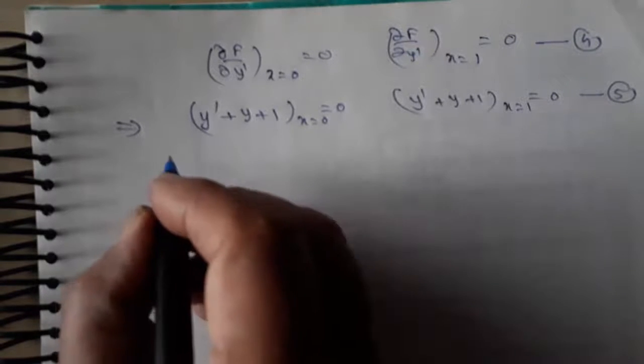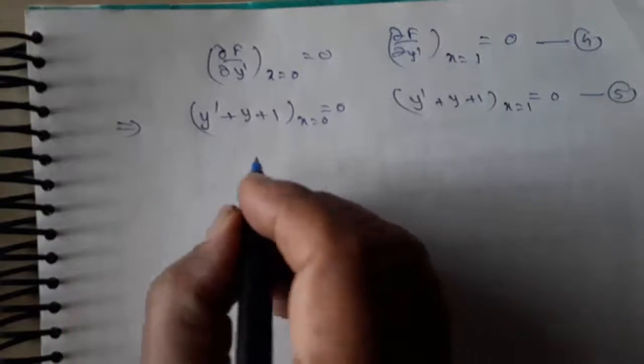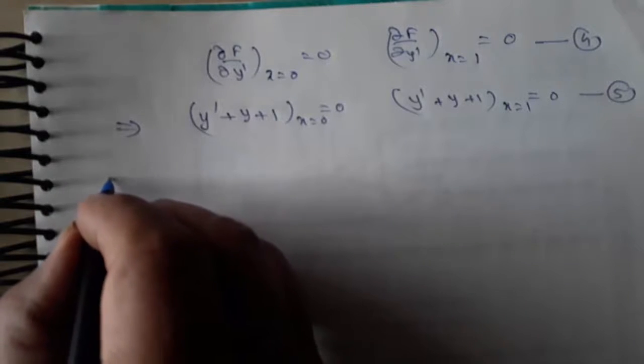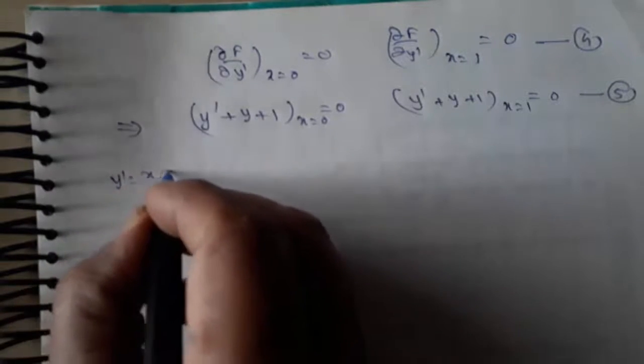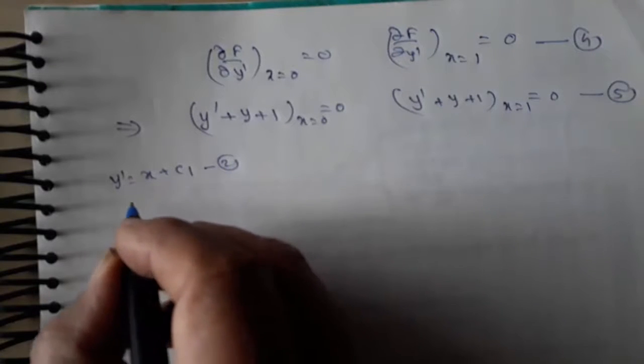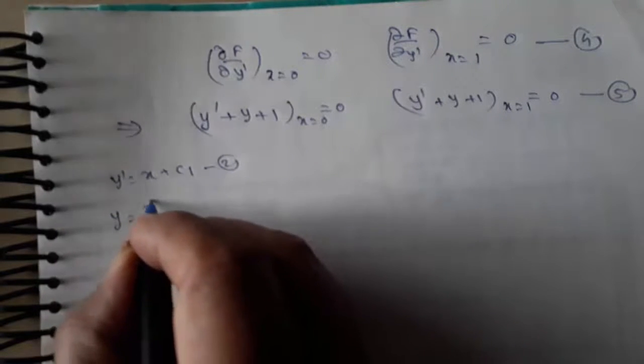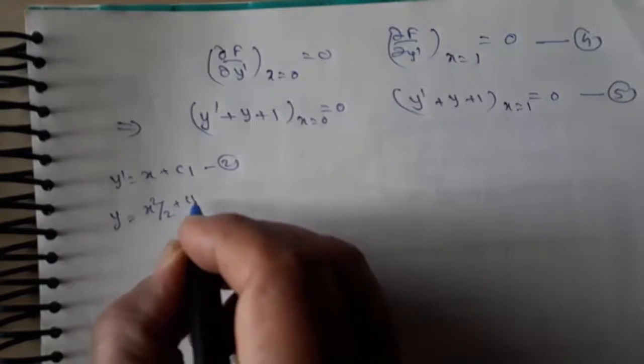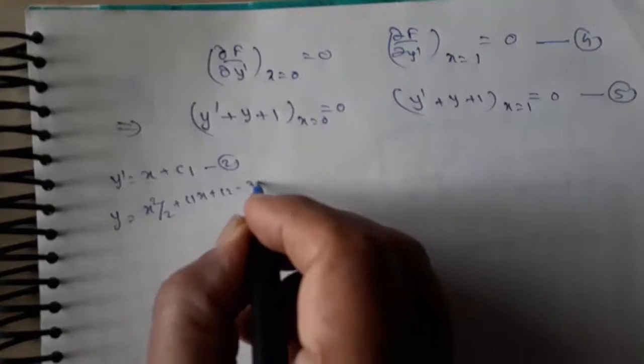From equations 2 and 3, what is equation 2? Equation 2 was y' equal to x plus c1. And y equal to x squared by 2 plus c1 x plus c2 is equation 3.